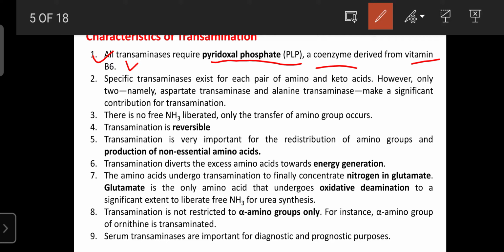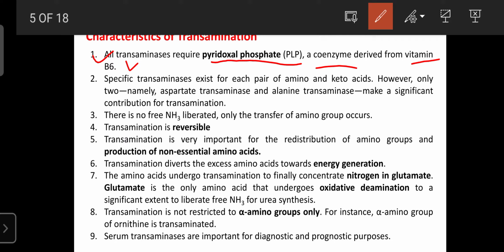So if you need to maintain continuous growth in your body, you should supply vitamin B6. It continues to supply pyridoxal phosphate so that transamination reactions occur continuously, giving new amino groups and new non-essential amino acids that are involved in synthesis of new proteins.